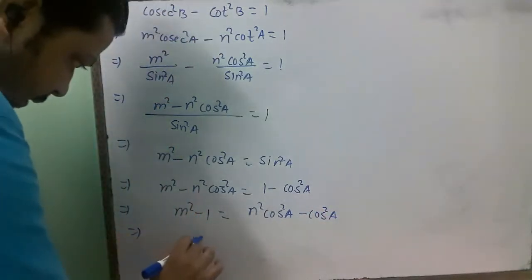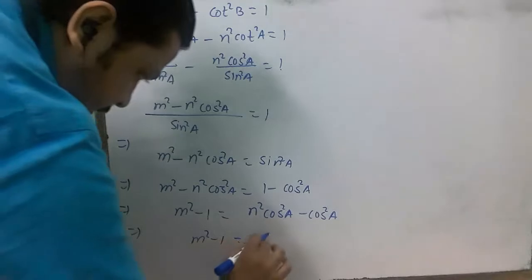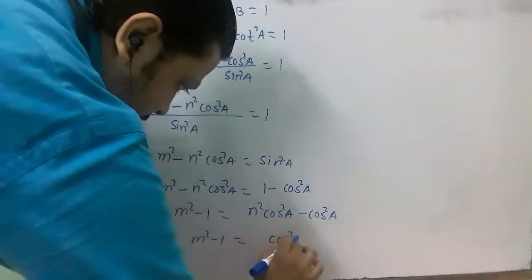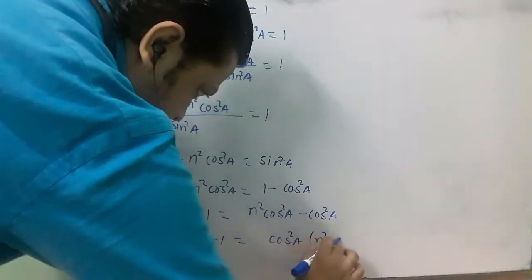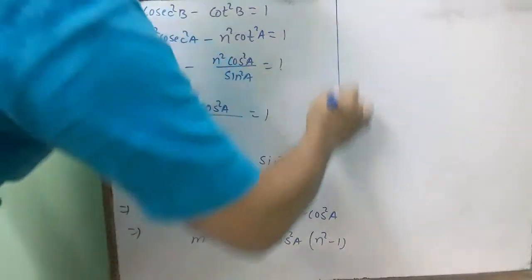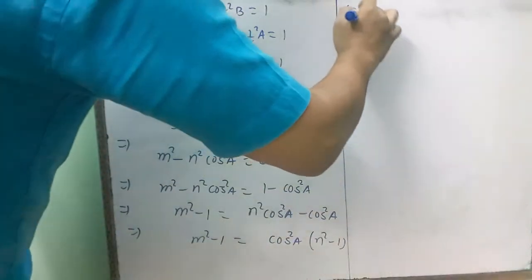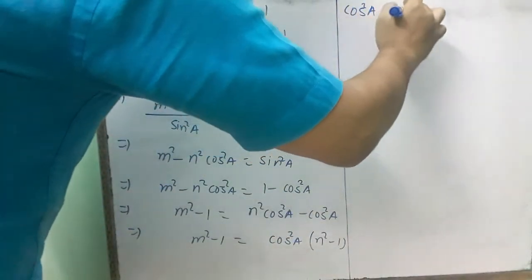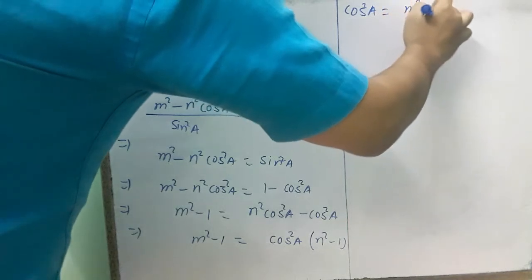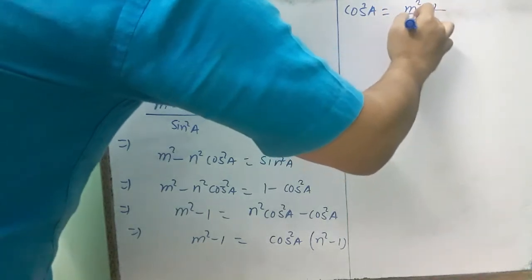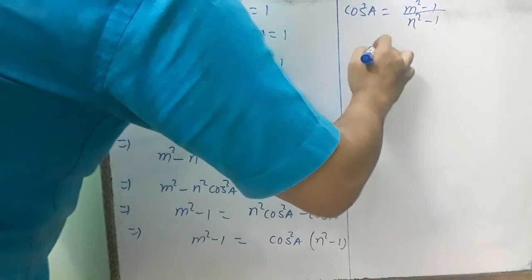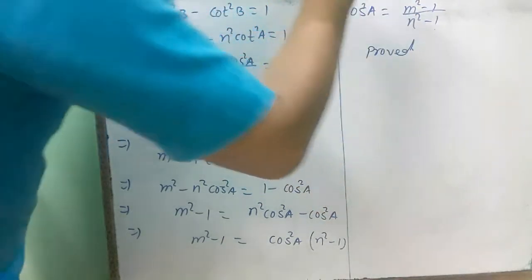After this, m square minus 1 is equal to cos square a under bracket n square minus 1. Now find the value of cos square a: cos square a is equal to (m square minus 1) divided by (n square minus 1). This is the proof.